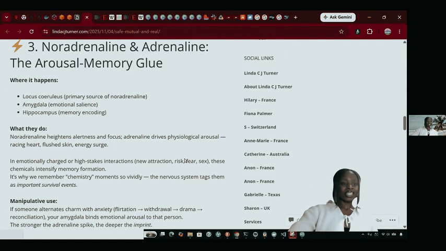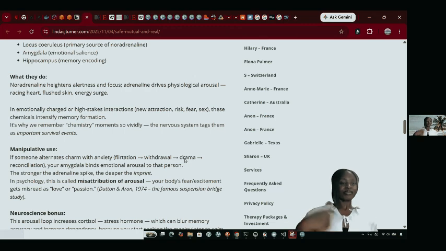So we have noradrenaline and adrenaline, right? We know where adrenaline comes from, hyperactions and all that. When adrenaline spikes, that is a very emotional response, and emotions tie in memory. If you tie a memory with an emotion, you would have an easier time recalling it.